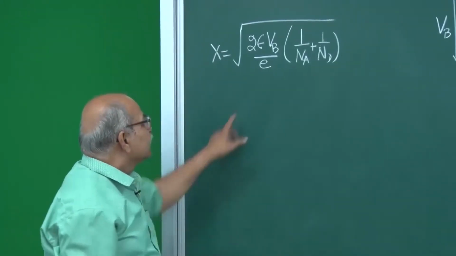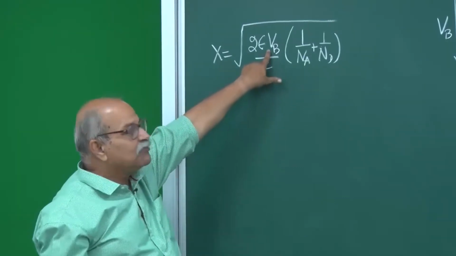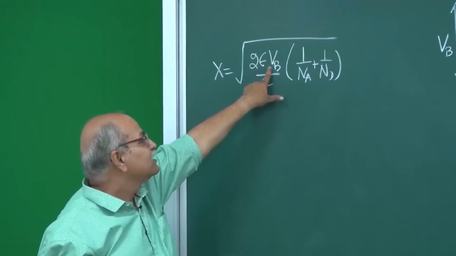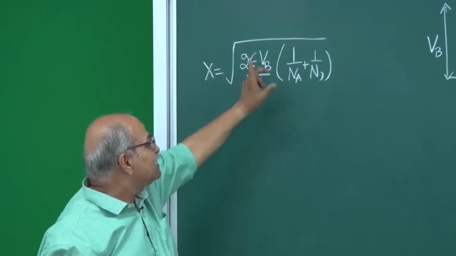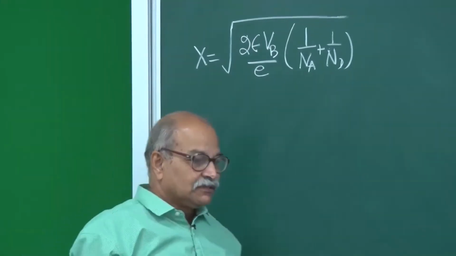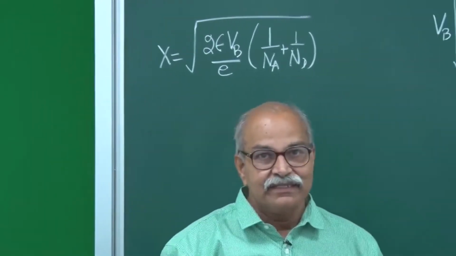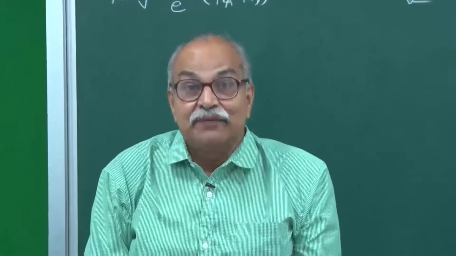Okay, so that's it. Now this VB is something which we still do not know, right? And that VB in fact also depends on the dopant concentrations and also on temperature.